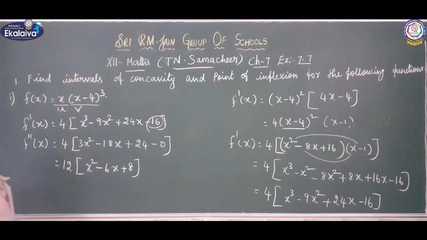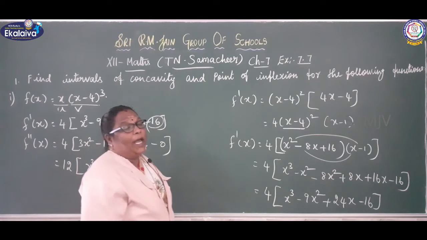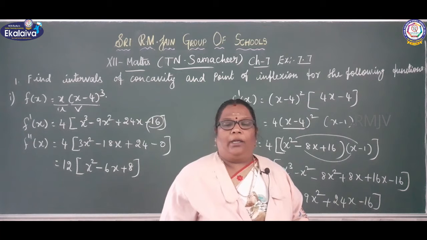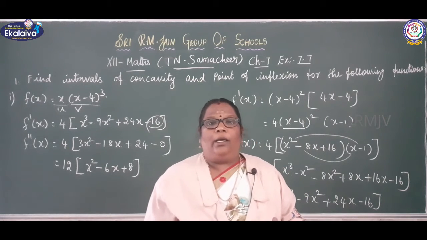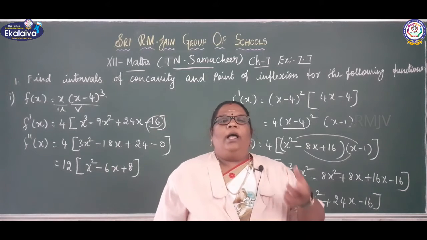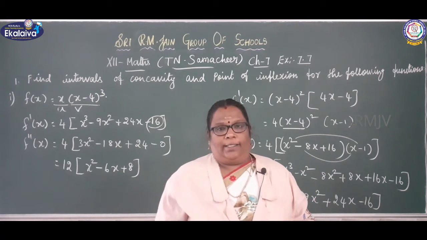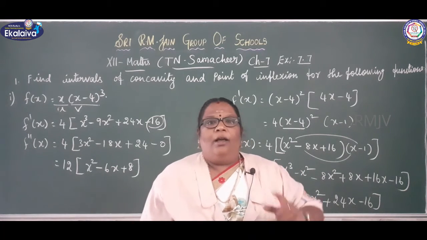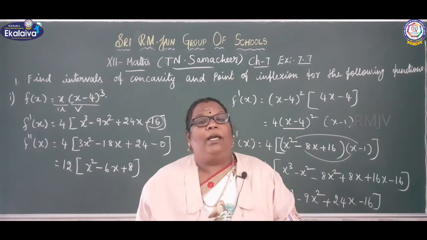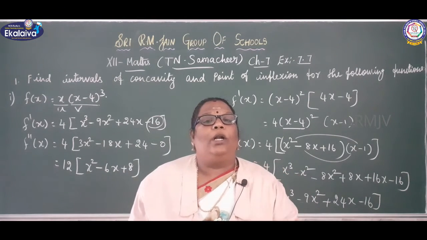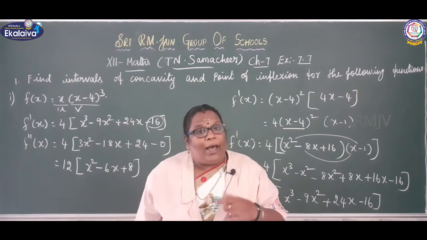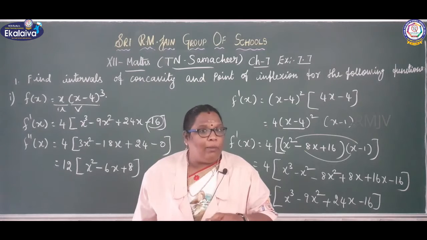For maxima and minima, f dash of x equal to 0, then you find the critical point. But for the concavity, you have to put f double dash of x equal to 0, then you can get the values of x. See children, for maxima minima, you put f dash of x equal to 0 and get the critical points.